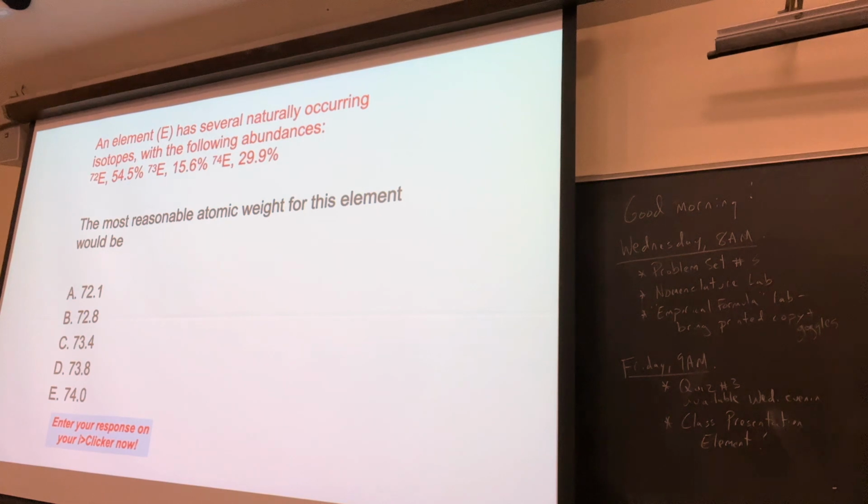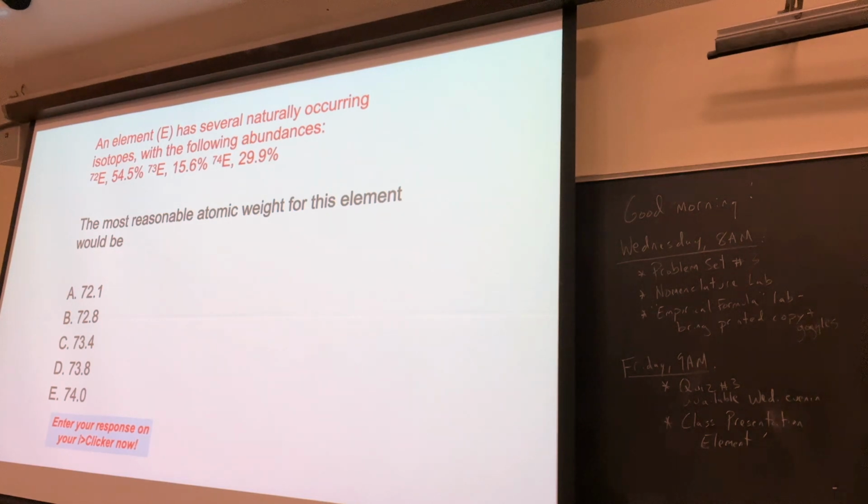On a problem like this, there's a couple different ways you can do it. This is the number line I talked about in Chapter 2, Part 1. And the 72, 73, 74 represent the mass numbers of these values. And if you have almost all 72 and not a lot of 73 and 74, then the average will be closer to 72.